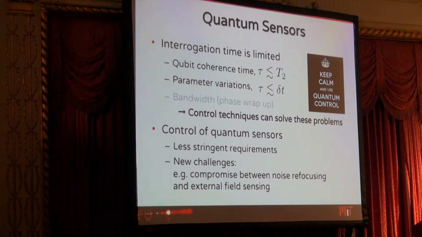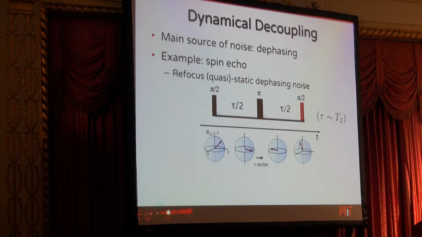On the other side, I also have some new challenges, because there is always a compromise between how much I'm trying to decouple my system from the environment, and how well I can keep it connected to whatever field I'd like to measure.